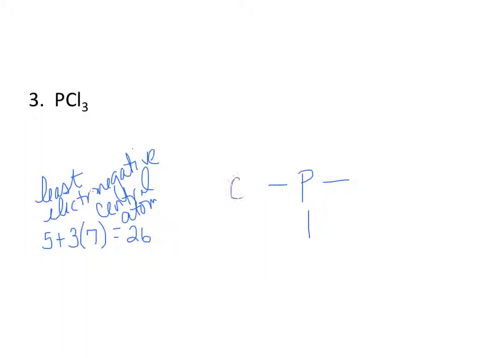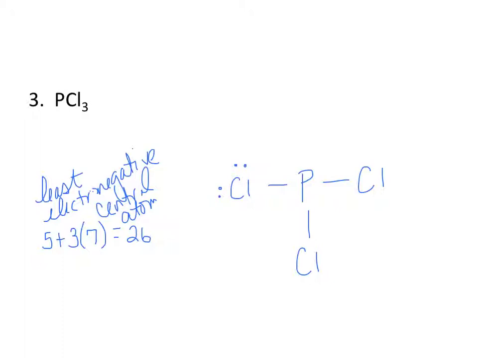There's 3 chlorine, so I'm looking at this as my starting structure. I've got 26 electrons I've got to put around here. Right now I've got 2, 4, 6 with the lines. So I'm just going to go ahead and start going around my outer elements. So this would make 8.